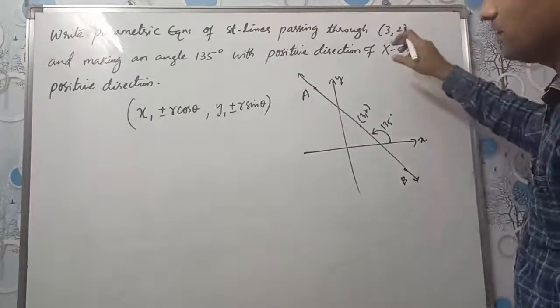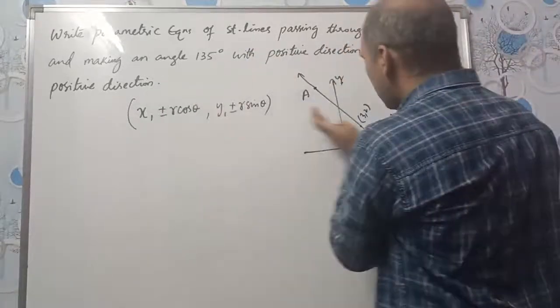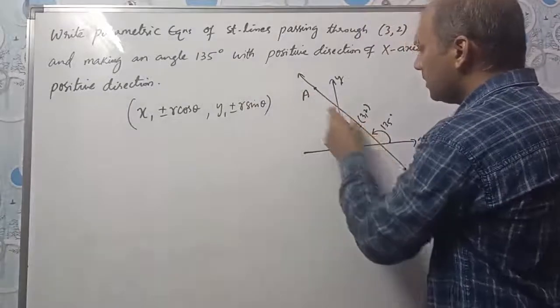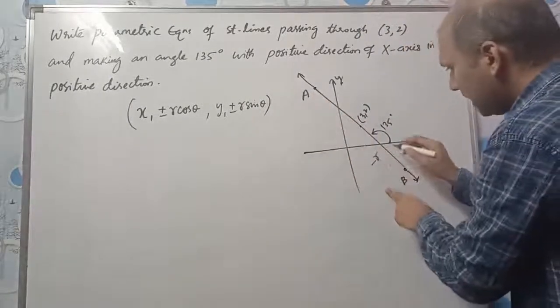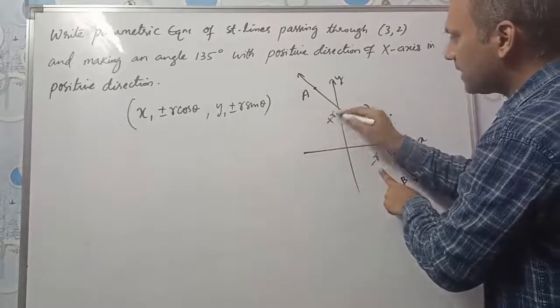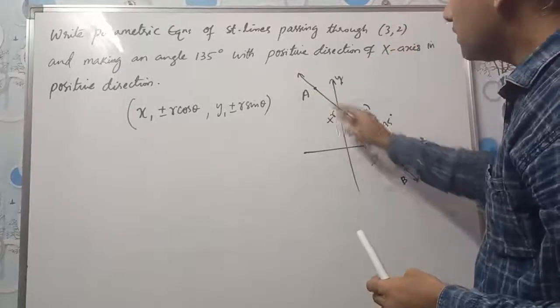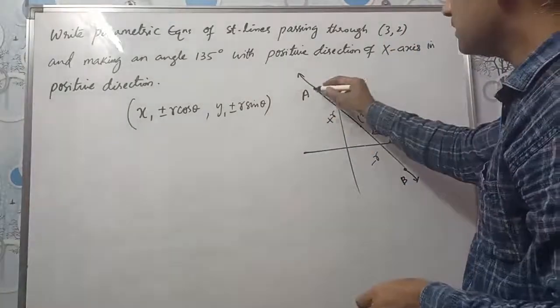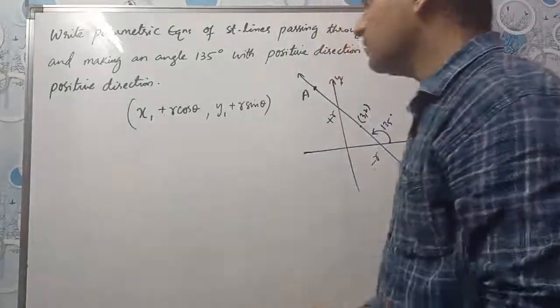But we need to find the parametric equations in the positive direction. This is the positive direction, because here we'll take minus r and here we'll take plus r. So this is the positive one, and we'll remove the minus sign.